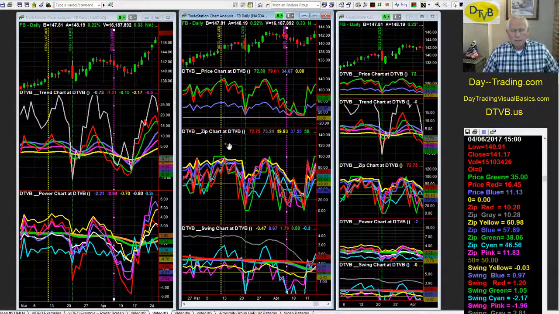But what I'm trying to say here is that right now on the yellow vertical line, you have a zip pink that has stuck its nose out from underneath the zip yellow and blue and gray lines, and that usually is indicative of a next day down.